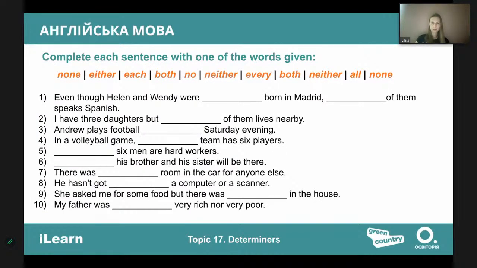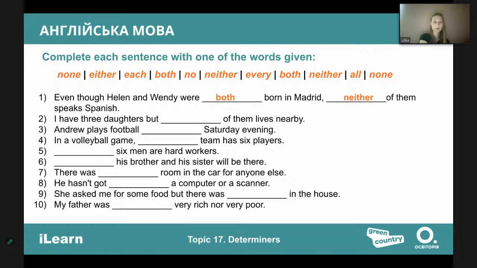So your task to decide. Even though Helen and Wendy were born in Madrid, all of them speak Spanish. So even though both Helen and Wendy were born in Madrid, neither of them, we have two, so we say neither, жодна з них, speaks Spanish.